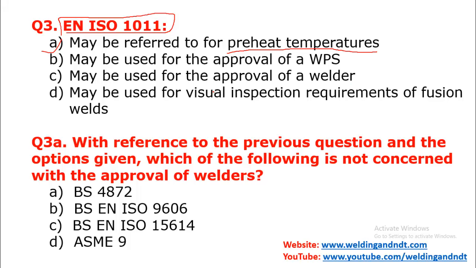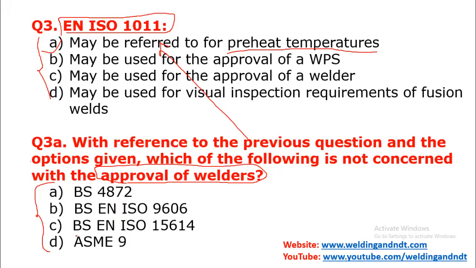Now question number 3 is with reference to the previous question, and the options given, these four options: which of the following is not concerned with the approval of welders? Options given means the below options, previous question and the below options, these four options you have to consider. And after reading these codes or standards, you have to identify which among these standards is not concerned with the approval of welders.